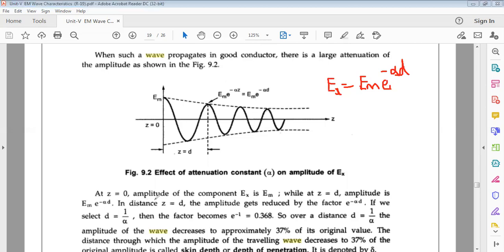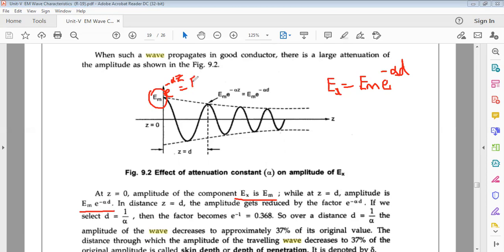At z equal to 0, the amplitude of the component Ex is Em. While at z equal to d, the amplitude is Em into e power minus alpha d. Why? Actually it is Em e power minus alpha z only, but z equal to 0 means e power 0, whose value is 1 only.